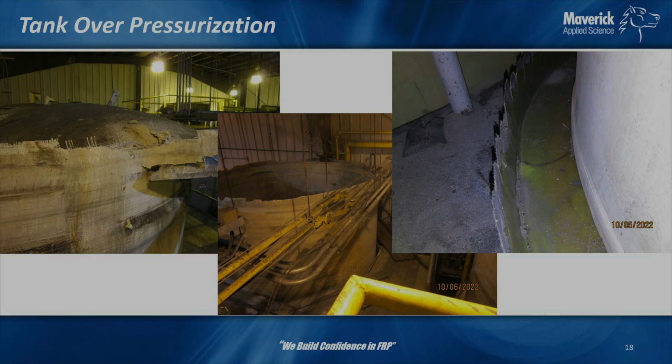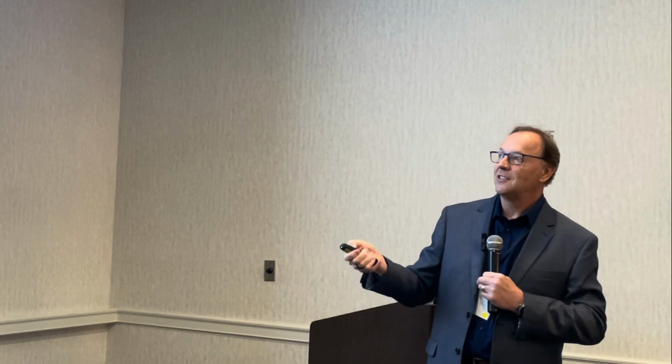So tank pressurization, overpressurization. So here's one that basically had a pressure spike where they had kind of a burp in the system, and they had an atmospheric tank or something close to atmospheric that saw, I think, more than 5 or 6 psi. And this is the top.